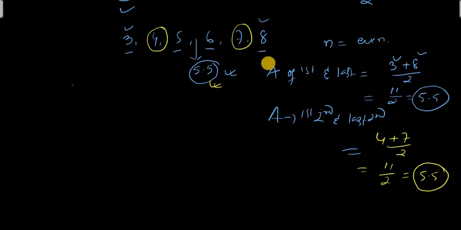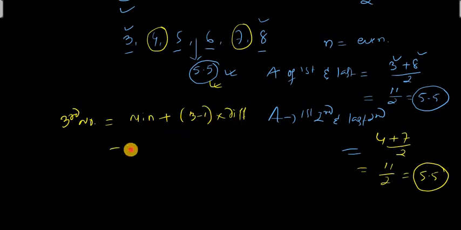With 6 consecutive numbers, the third number equals the formula: minimum plus (3 minus 1) into difference. That is minimum 3 plus 2 into 1, which is 5.